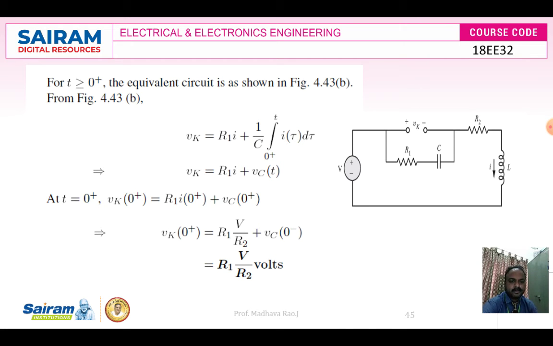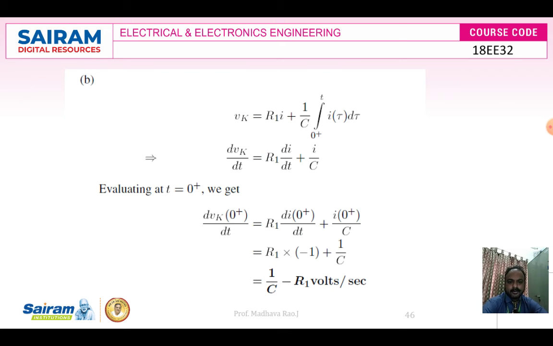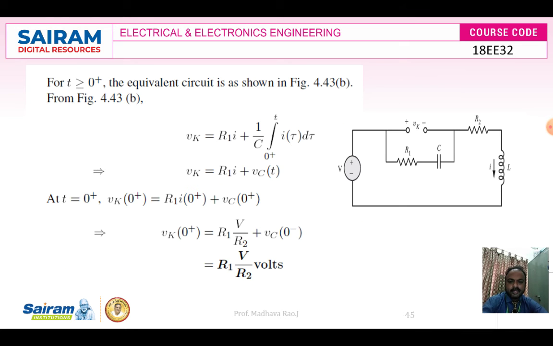That is the capacitor voltage. So we substitute the values and find Vc of 0 plus.